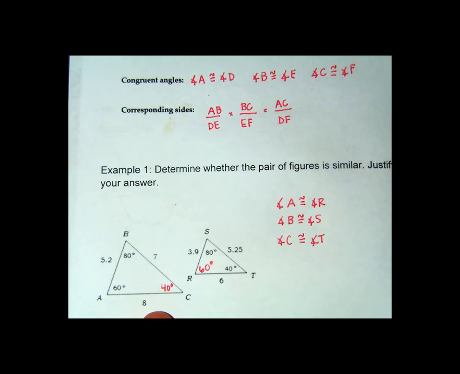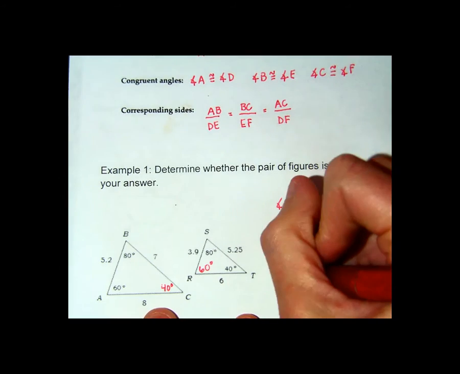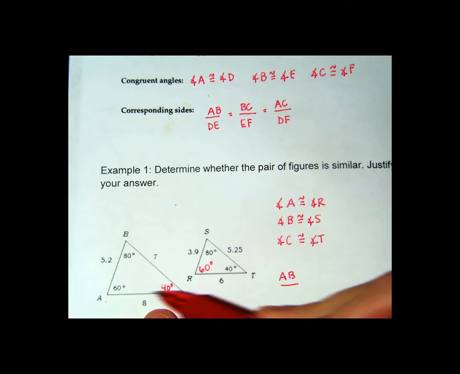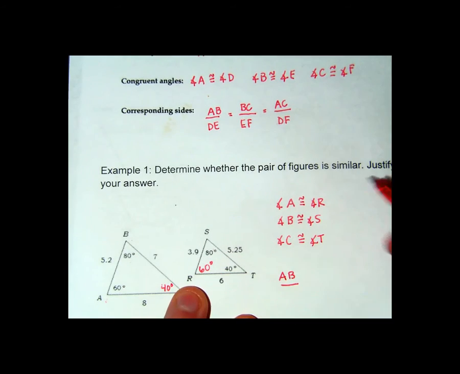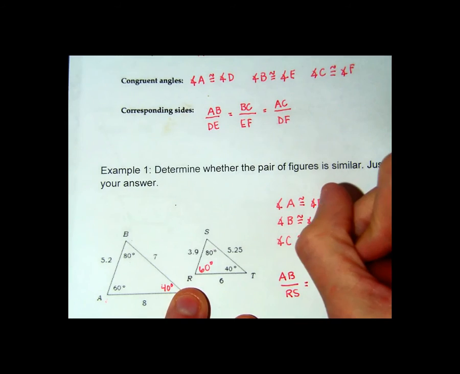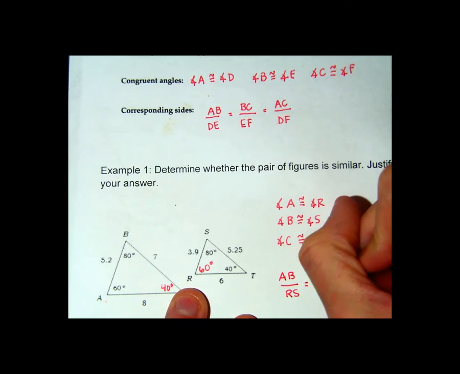So we've got the first statement. It says two polygons are similar if and only if their corresponding angles are congruent. We have that piece, but next we need to make sure the measures of their corresponding sides are proportional. So we're going to compare AB to RS. That's 5.2 over 3.9.